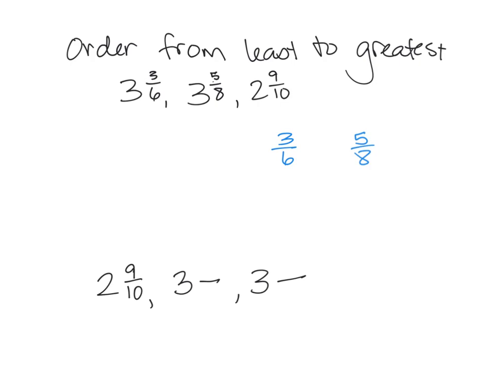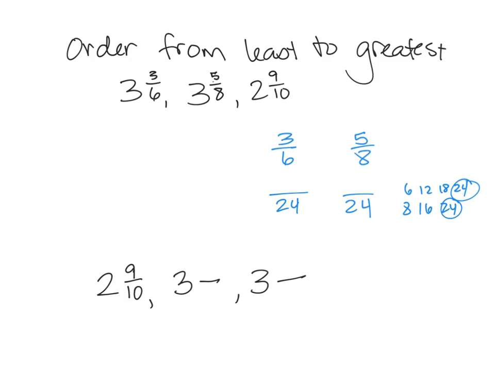Because the product of the denominators is going to be very big, I think I'm just going to find the LCM between these two numbers: 6, 12, 18, 24, and 8, 16, 24. That can be a common denominator. That will be the lowest common denominator between those two, the LCM where they both meet.